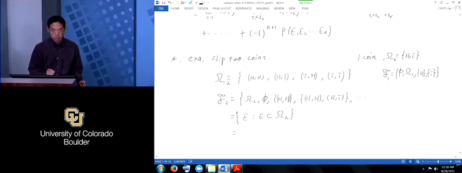And there are 16 of such subsets. And we can use this notation. This notation is related to that indicator, the binary indicator.